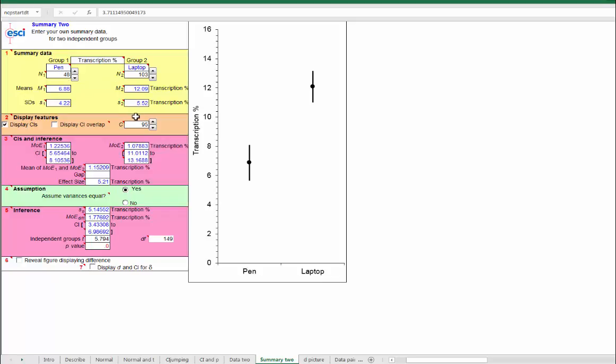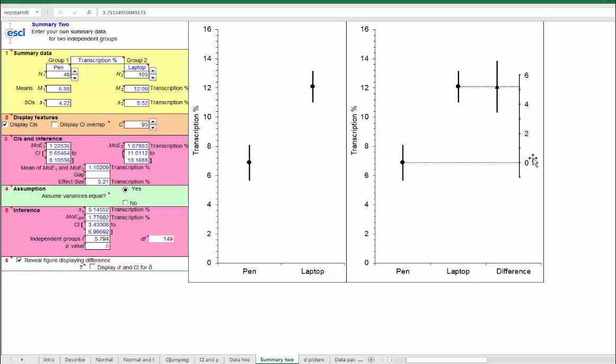So we just type those values in here and we can see the mean and confidence interval for each group. We can turn on the figure with the difference axis and see the difference and the confidence interval on the difference, and we can turn on Cohen's d and click to calculate the confidence interval on Cohen's d.